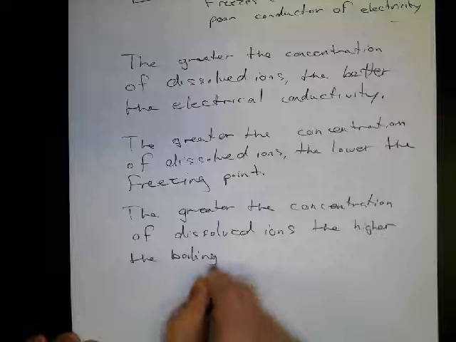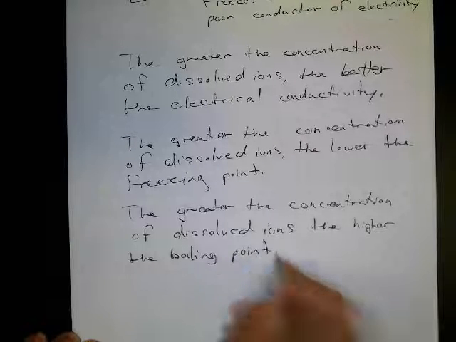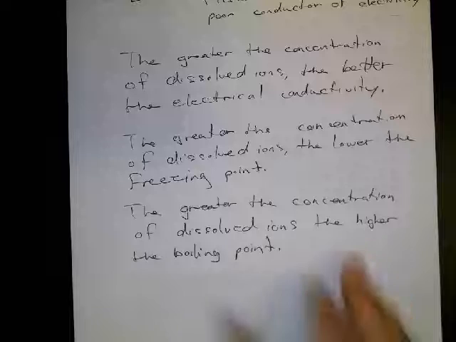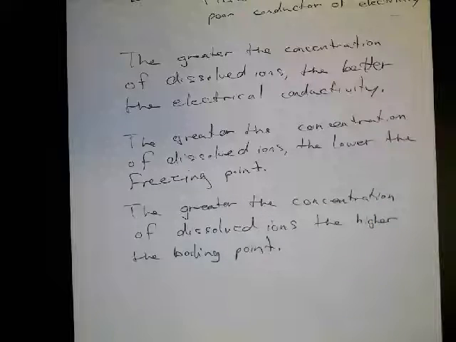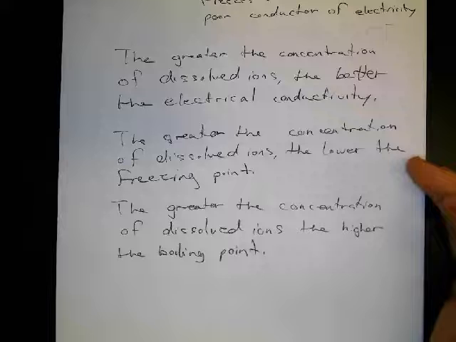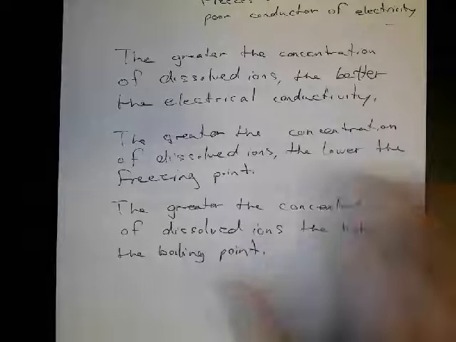And there's an equation, it's called the Clausius-Clapeyron equation, that you could solve to actually calculate, based on how much salt particle you dissolve, how high does the boiling point go. We're not going to get there in this particular class, but if you're interested, you could look it up. If you take AP chemistry, you'll probably be using it.